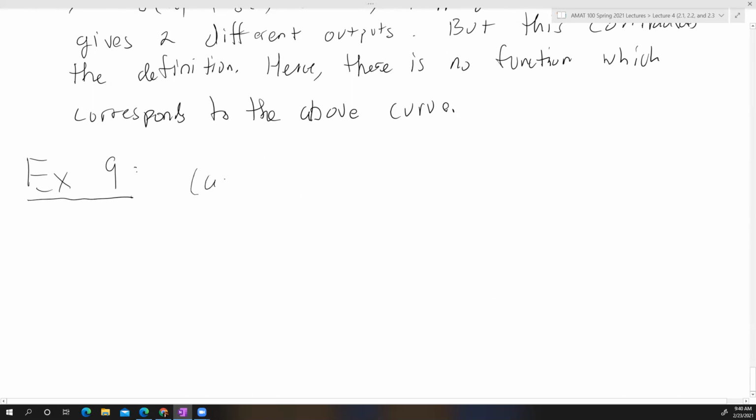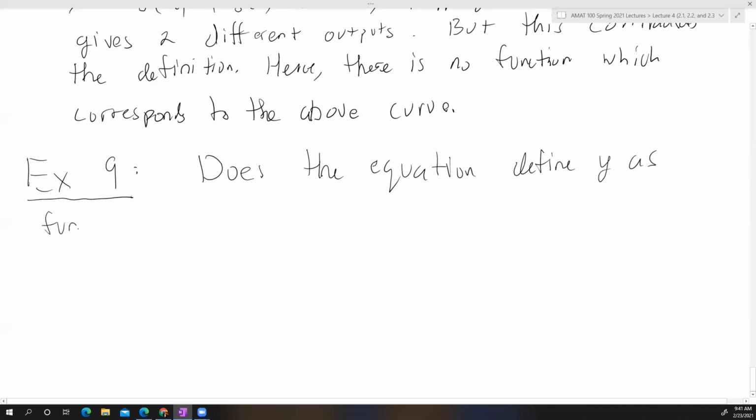Example 9 has 2 parts to it, and we're asked to determine whether the equation corresponds to a function where y is a function of x. So let me actually just write that down. This is the overarching question for both parts. So the question is, does the equation define y as a function of x?